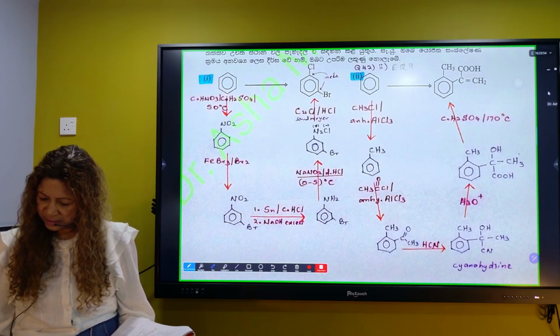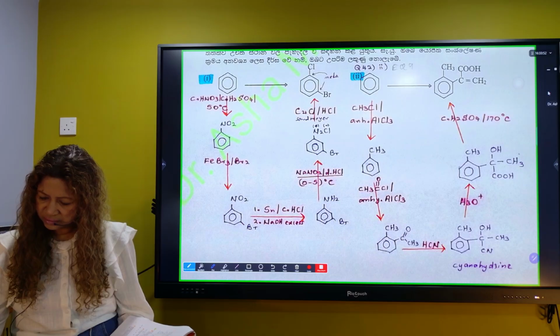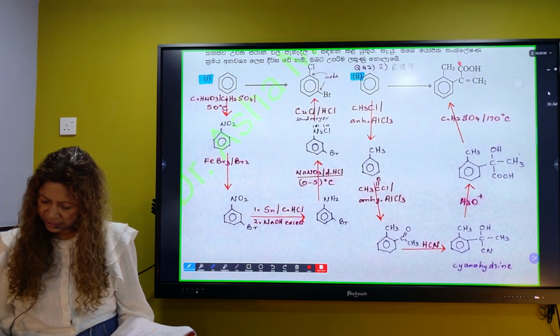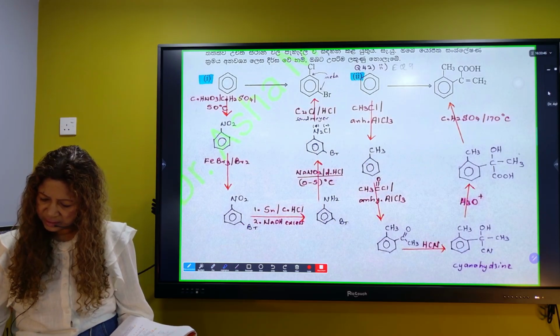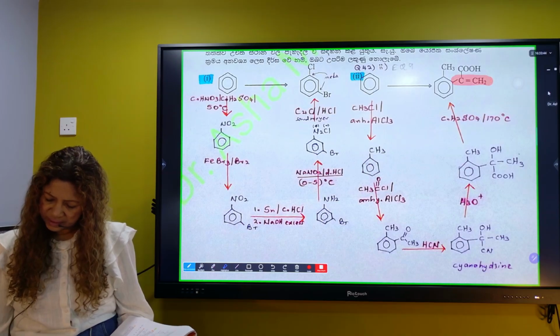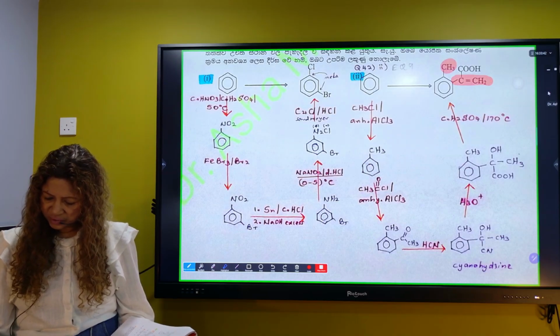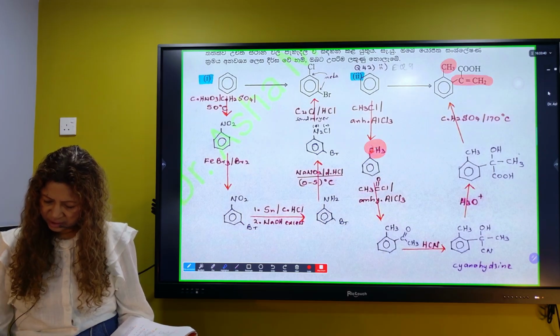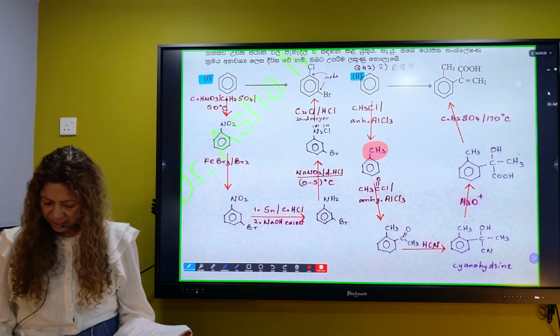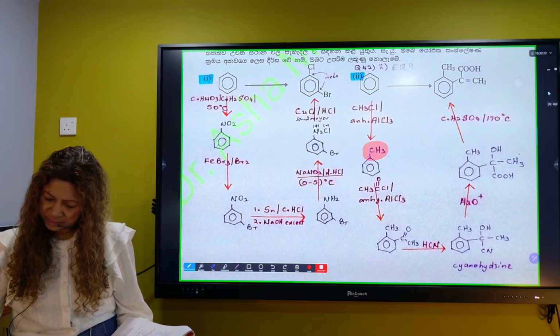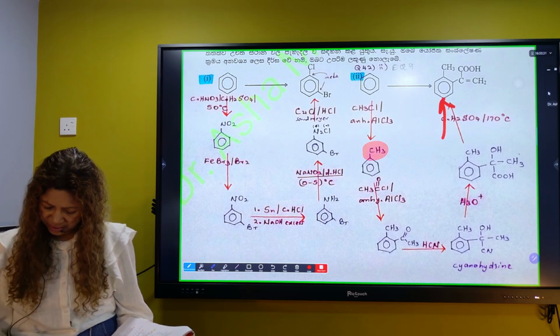So I'm going to make this one part CN. CN becomes COOH. Then I have to join two carbons here and one carbon here. So first I'm joining this CH3 group here, one carbon CH3 group. Yeah, para is more possible, but still ortho is okay.